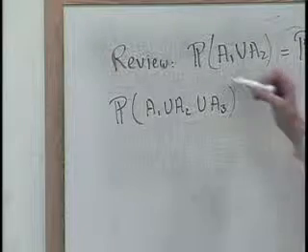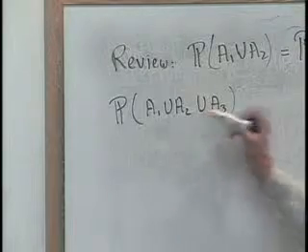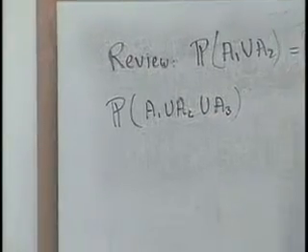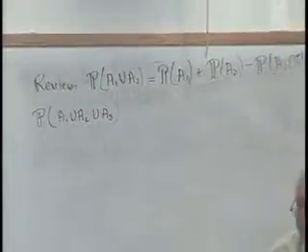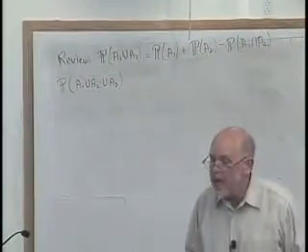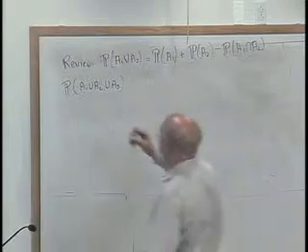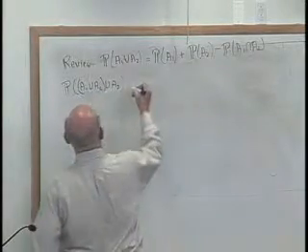Rewrite it. This is what I've got to work with. How can I rewrite this so I can apply this as a tool to that? Combine A1. Right, definitely. Suggestion? Combine A1 and A2. Absolutely right. So I'll slap in some extra parentheses here.